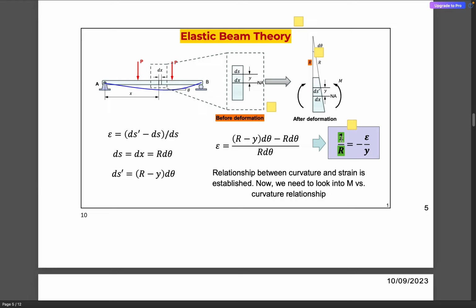Here r is the radius of curvature, and 1 by r is the curvature itself. The curvature, 1 by r, is also expressed as phi, the Greek letter phi, that is equal to epsilon by y. Epsilon, as we saw, is the strain from the change in length of the longitudinal fiber, and y is the distance of the fiber from the neutral axis.